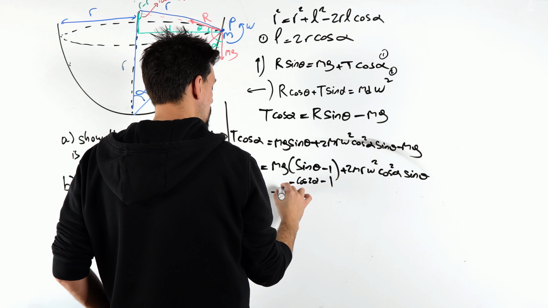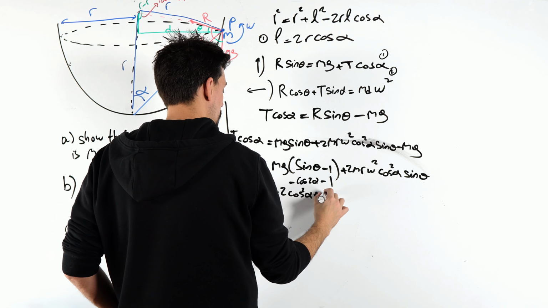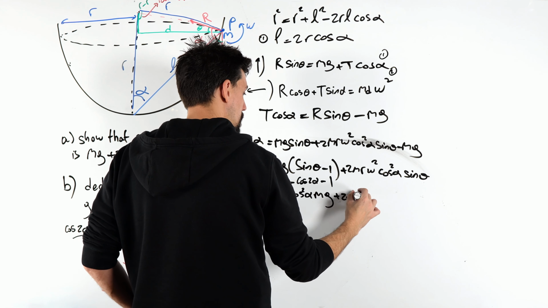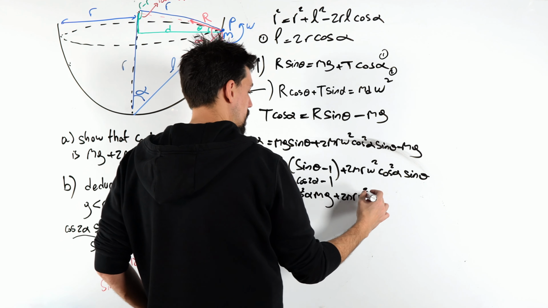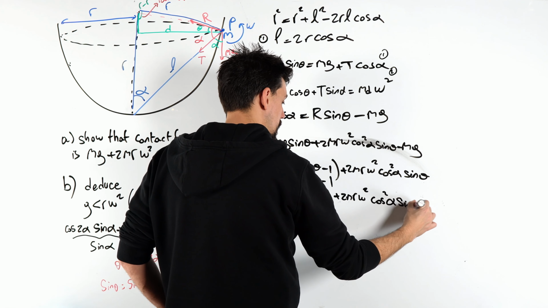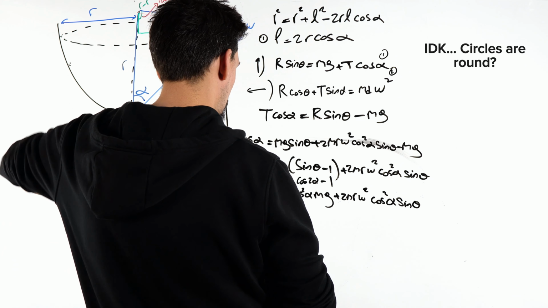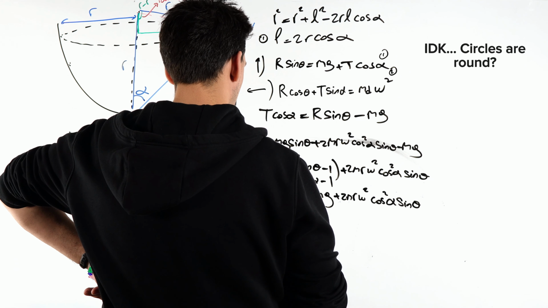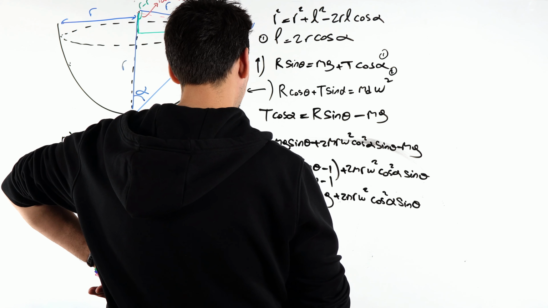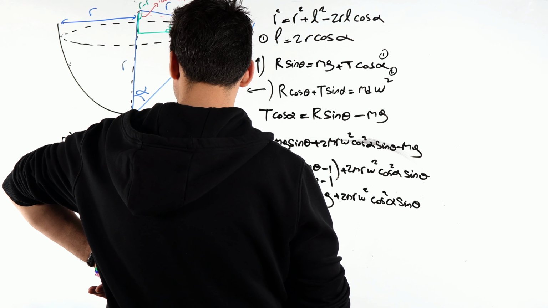That's minus 2 cos squared alpha mg plus 2mr omega squared cos squared alpha sine theta. What do I want? I need that to be positive.